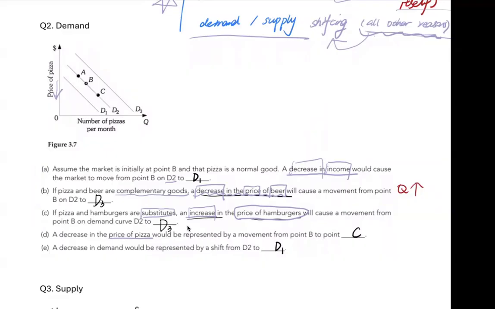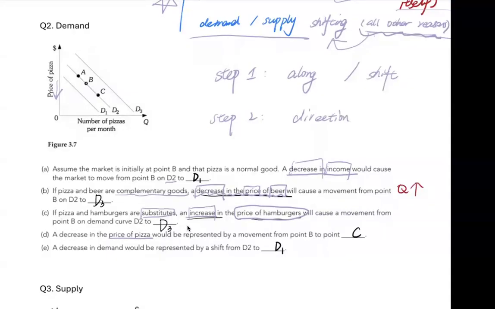So let's summarize this kind of problem. First step, you need to determine if this is a movement along the curve or a shift. And step 2, you need to know the direction.